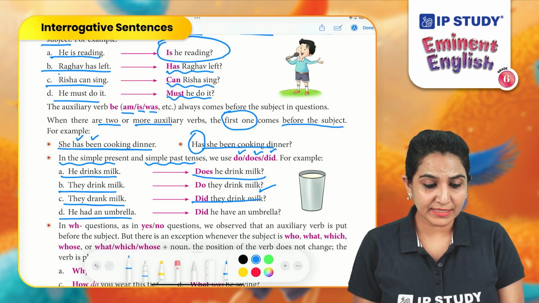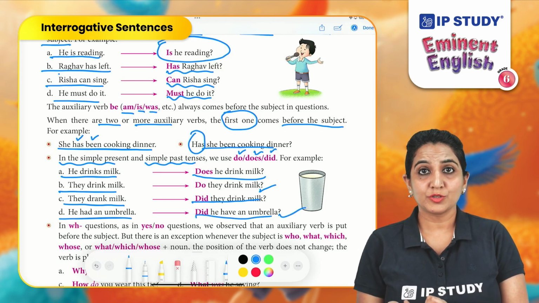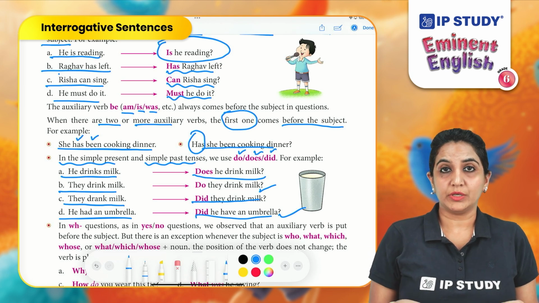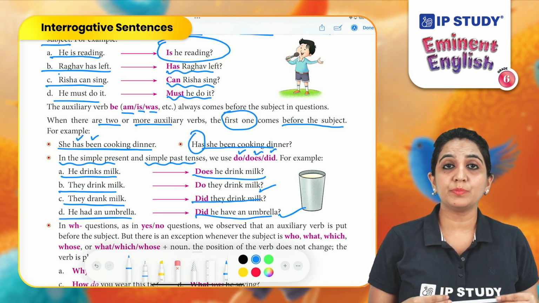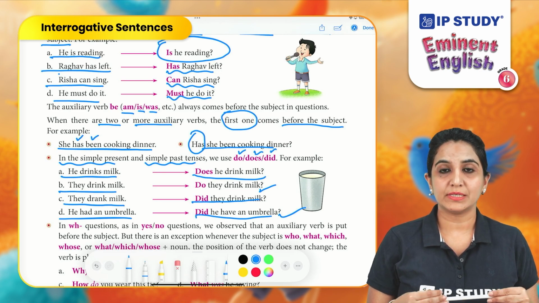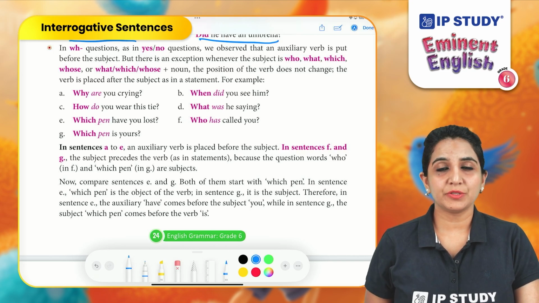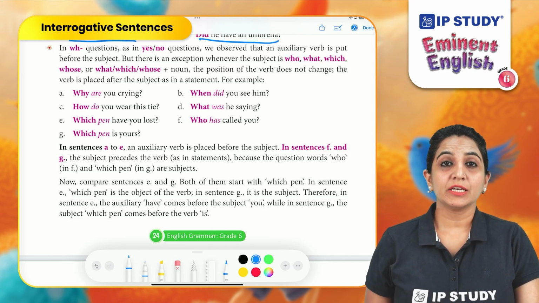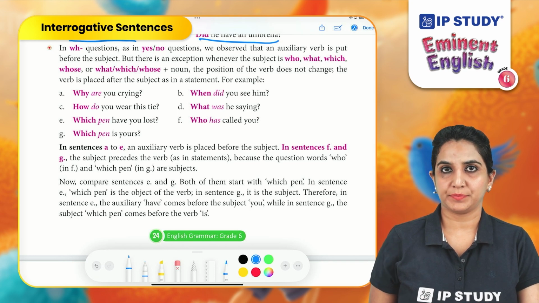He had an umbrella. Did he have an umbrella? So, like this, you convert the sentences which are in simple present or simple past tense by using do, did, or does. As we observed in yes-no questions, we always put the auxiliary verb before the subject.